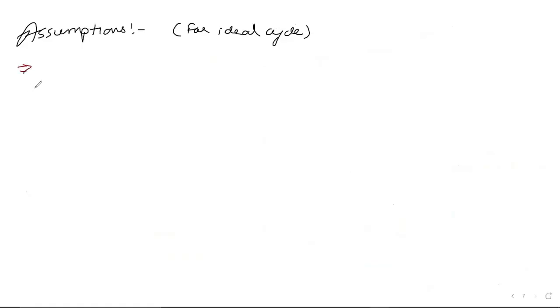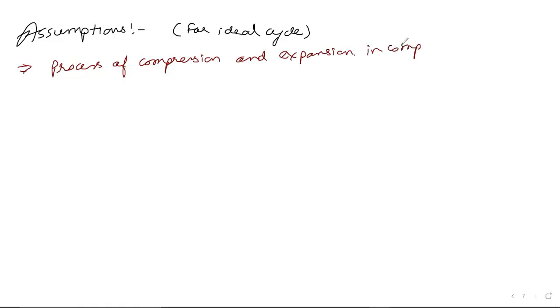The first assumption is that the process of compression and expansion in the compressor and turbine, respectively, is isentropic in nature.